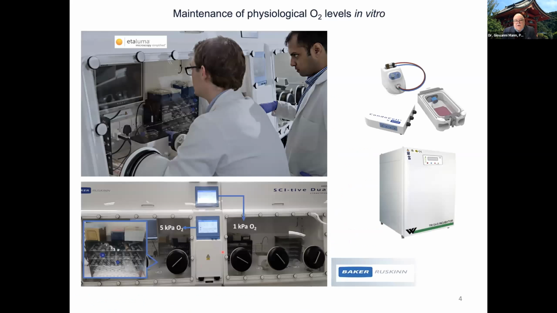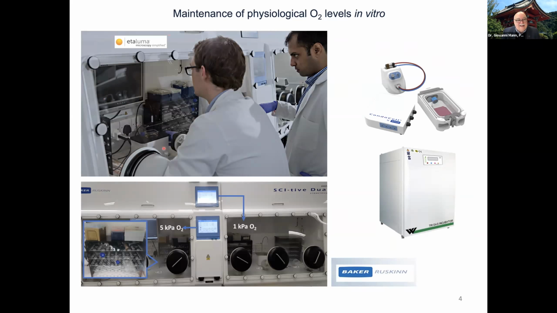Now, how do we do experiments in cell culture? Well, let me just show you the schematics and the model, largely due to the generous support of Baker Ruskin and their Cytive duals. What you can see here is Tom Keeley and Salil Srivastava working in one of our dual Cytive workstations. These are oxygen regulated, 5% CO2 with humidity.